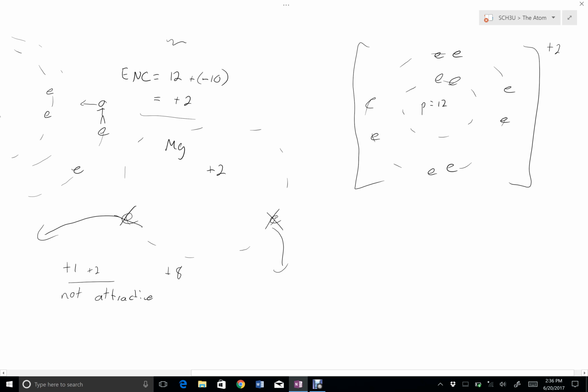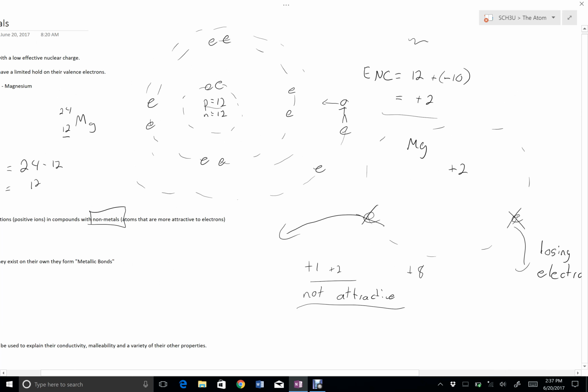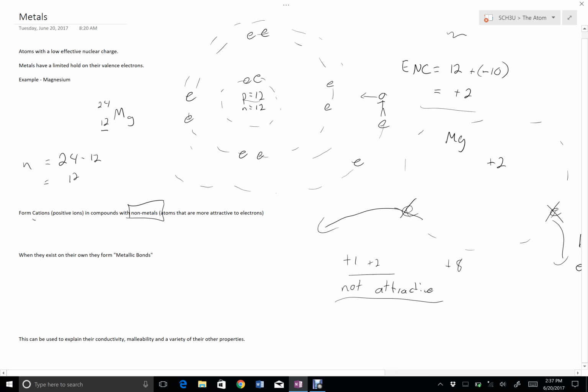So by losing its negative electrons, which it did because it's just not attractive enough, metals form cations, which is just another word for positive ions, in compounds. That's assuming they're bonding with other nonmetals.